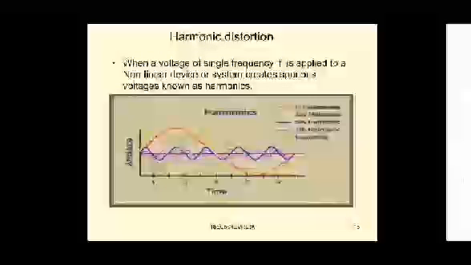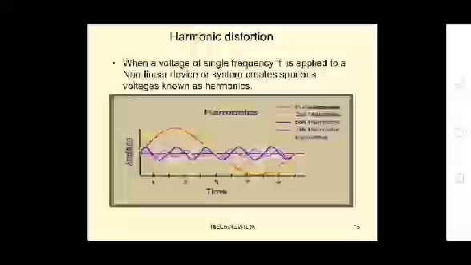Harmonic distortion: when a voltage of single frequency f is applied to a non-linear device or system, it creates spurious voltages known as harmonics. So we have only a single frequency component f applied to a non-linear device, and that device or system will create various spurious voltages known as harmonics.